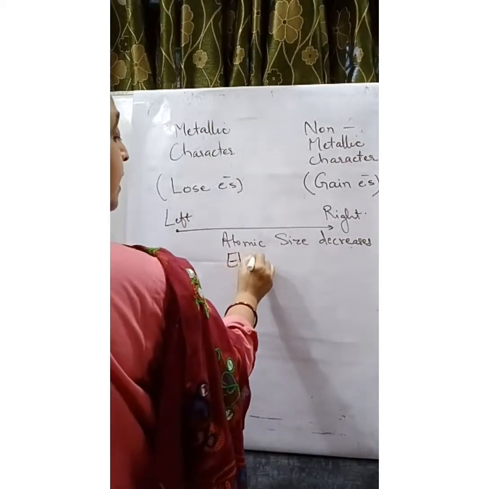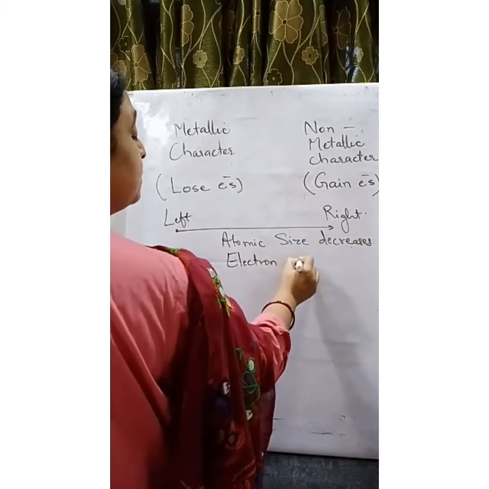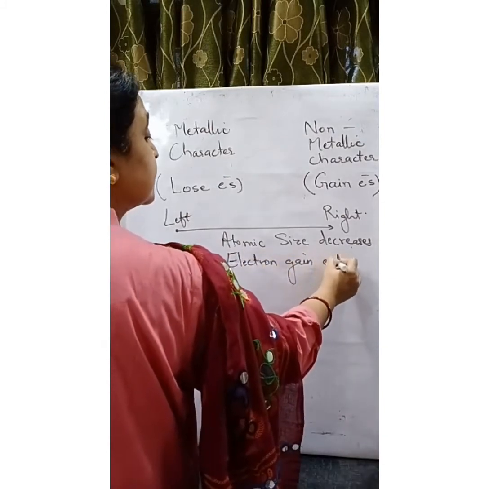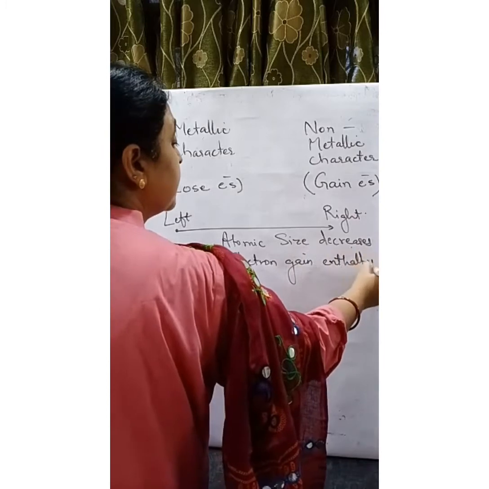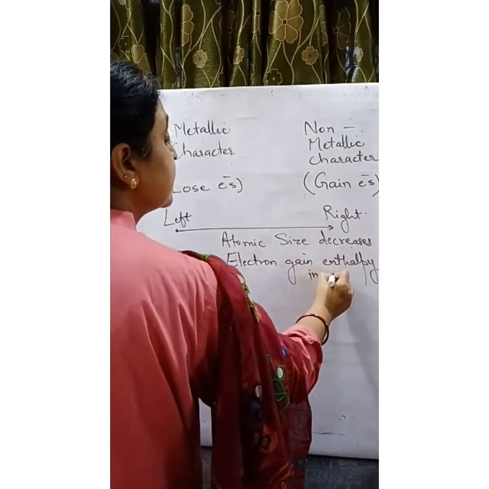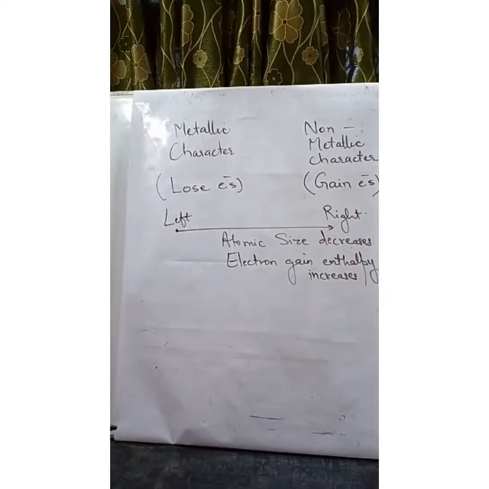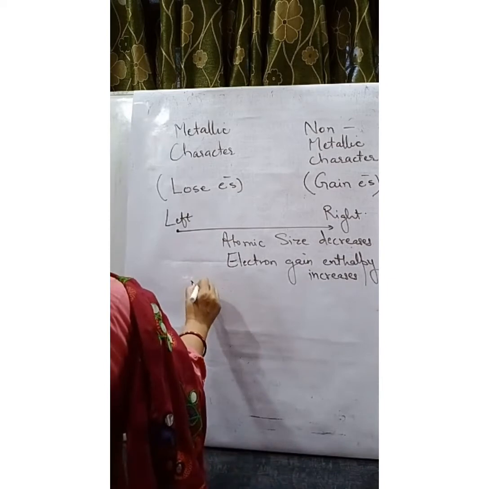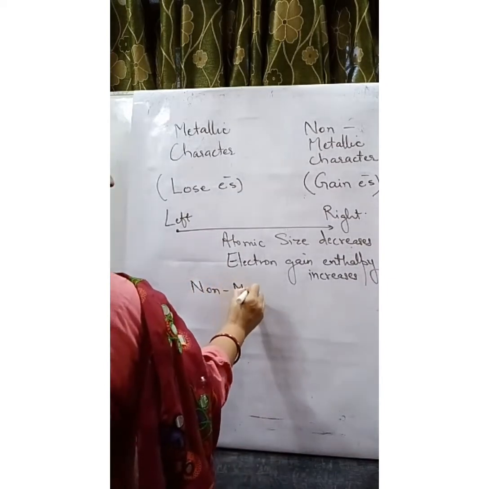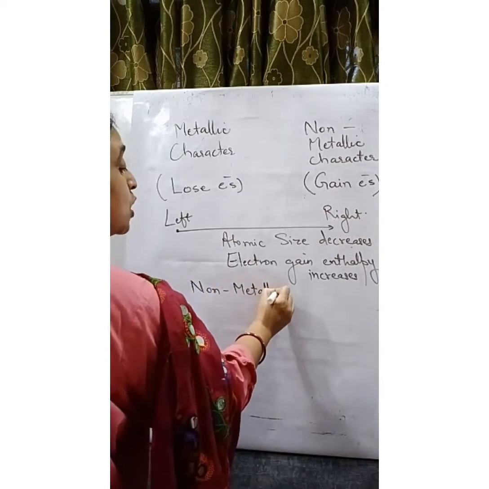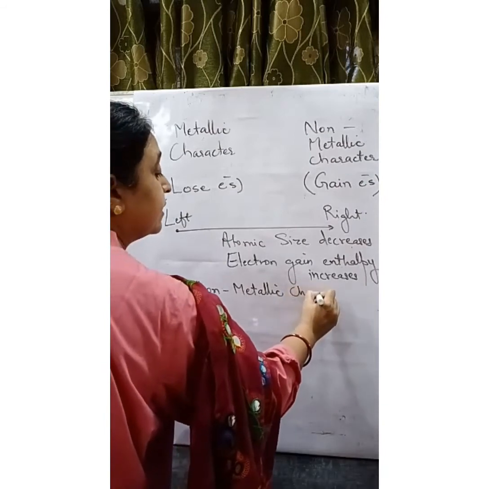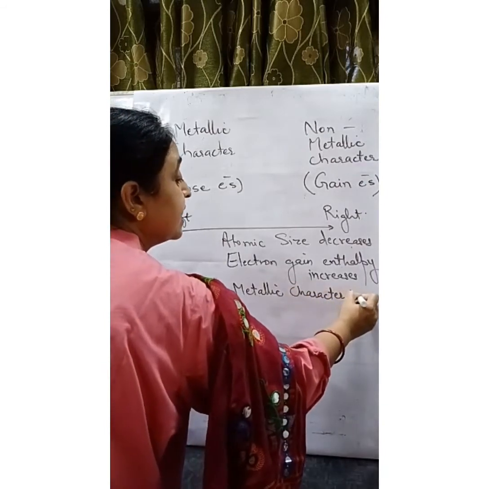Electron gain enthalpy, we have already studied this, increases in a period because the nucleus has a strong force of attraction for the outer electron. So what can we say? As we are moving from left to right, the non-metallic character increases.